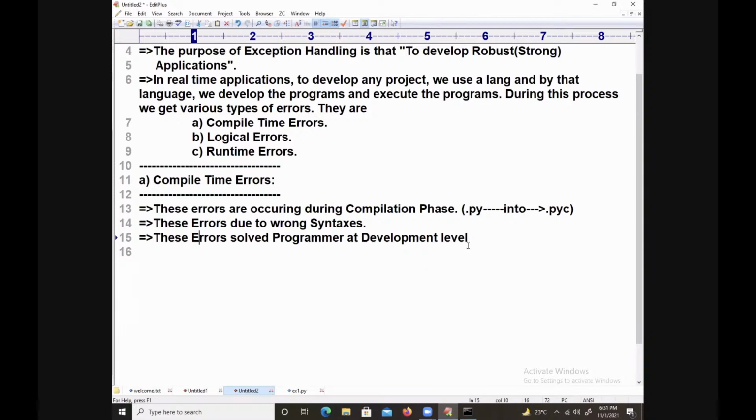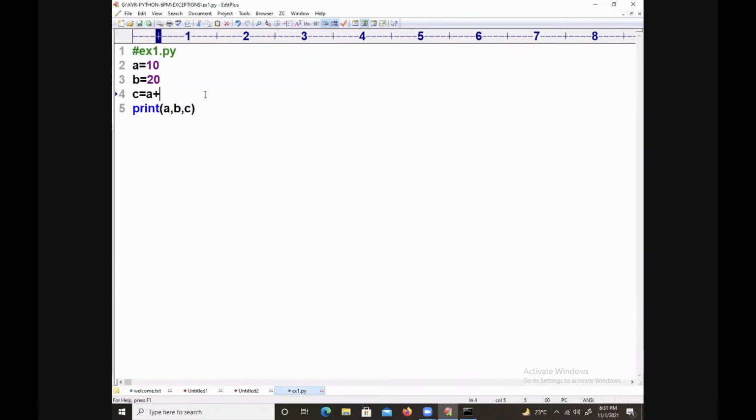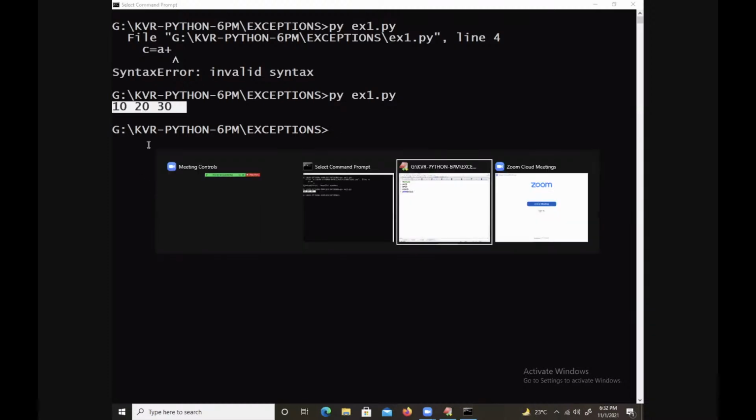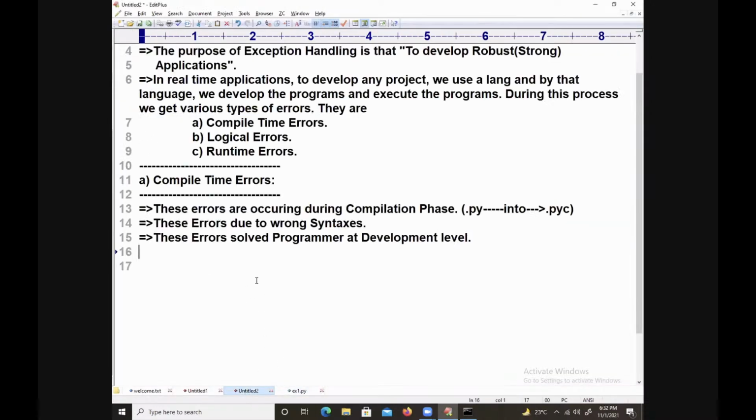Next we are going to understand another type of errors. Are compile time errors clear? I will go to my program and write a plus b and execute. I am solving my program error. Execute it. See, I got the answer. Compile time errors are those occurring during compilation phase.